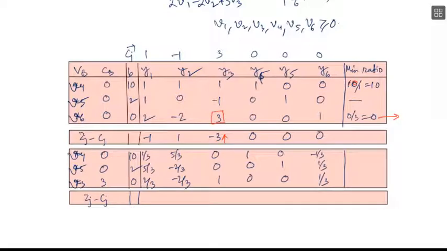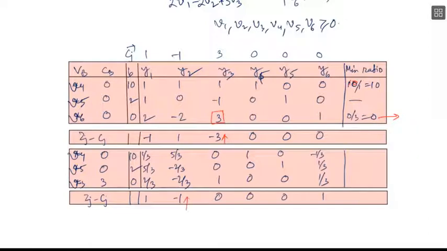So it is 2 minus 1, that is 1, minus 2 plus 1, minus 1, it is 0, 0, 0, and it is 1. So there is one more negative Zj minus Cj there.